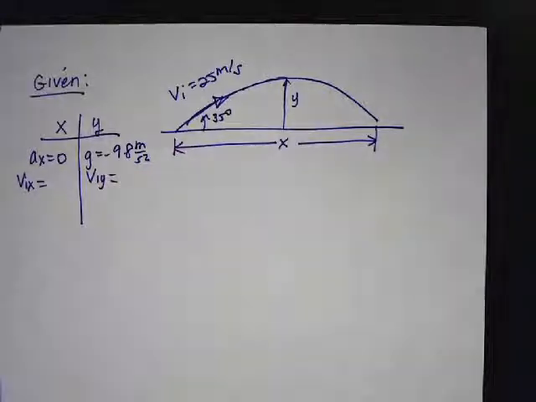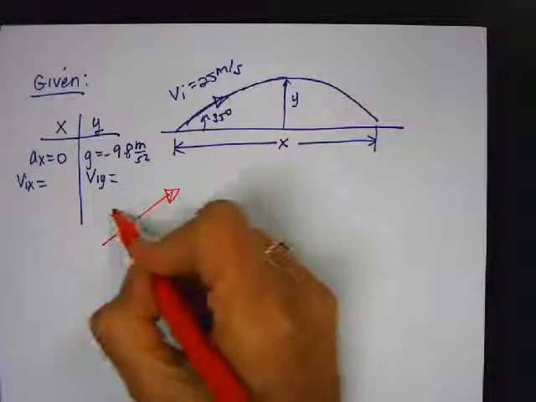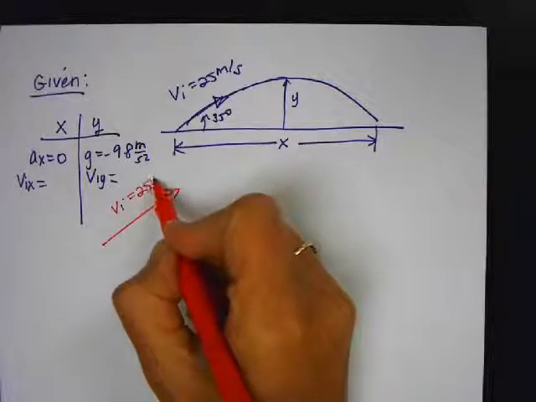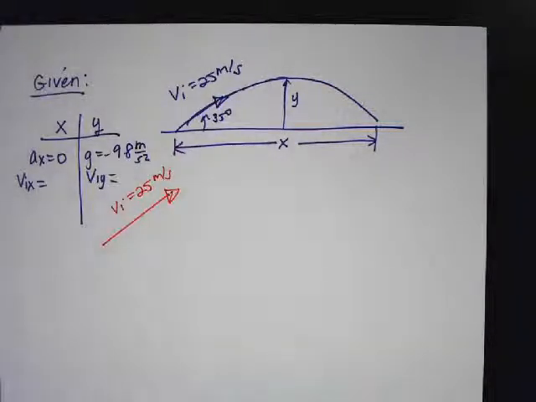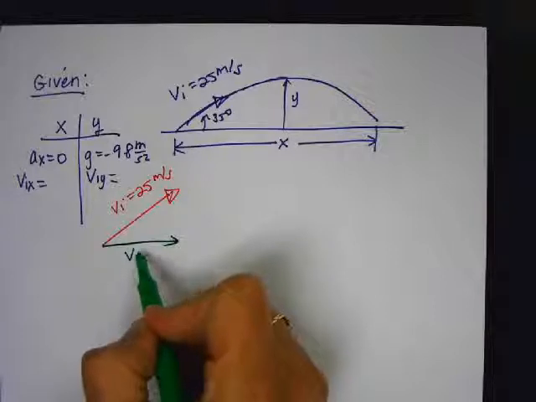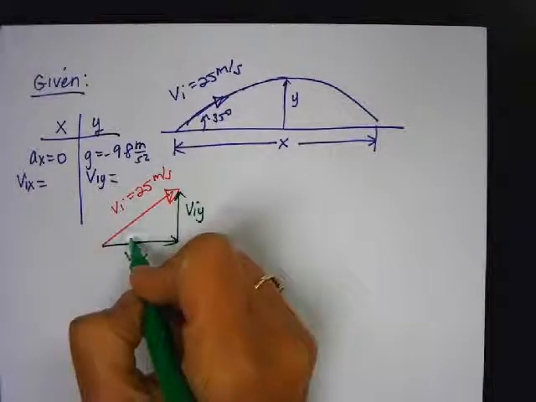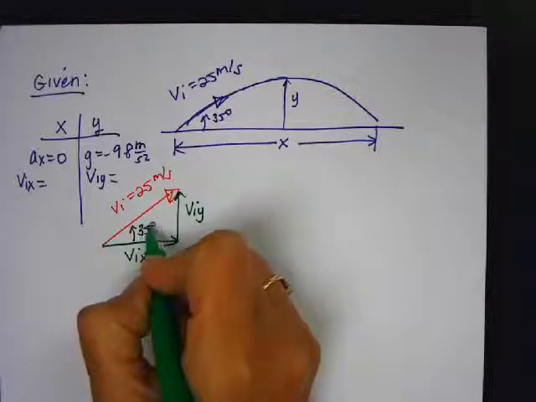So let's do that first. Here's v_i. This is 25 meters per second. And now I'm going to find the components of that. Remember, those are perpendicular. So this is v_ix. This is v_iy. And this is my angle.